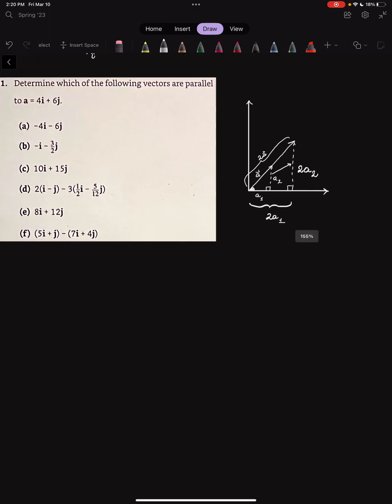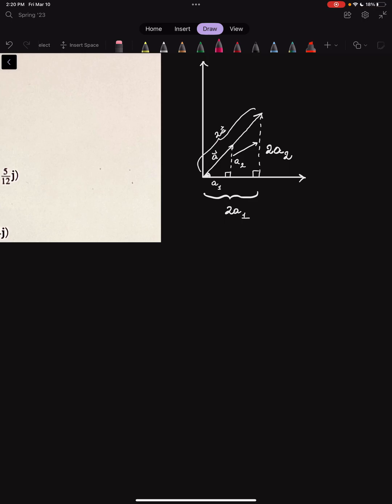Now, why did I say all of this? Well, because think about it. If we are multiplying a vector by a scalar, we can make it longer, we can make it shorter, we can flip it and make it shorter, flip it and make it longer, but that's it. We're constrained to this line over here.